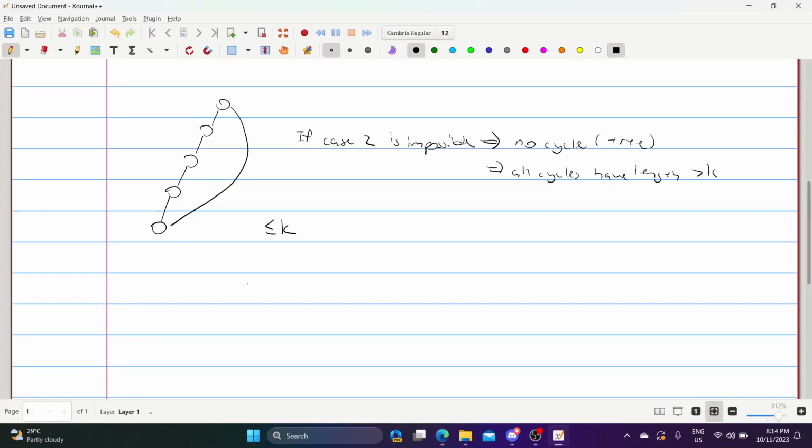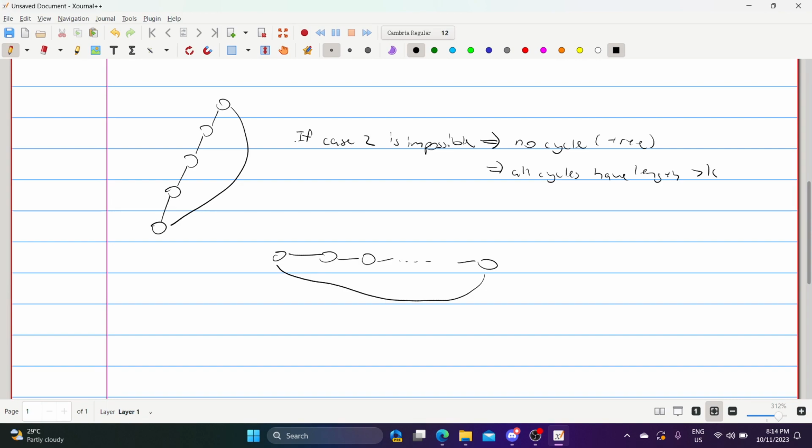Okay, and then if all cycles have length more than k, what this means is that, let's say that all cycles have length more than k, then we choose the smallest possible cycle.